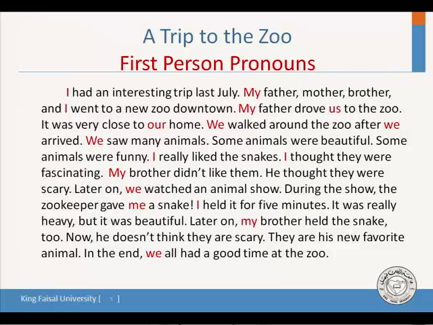And notice it's in the past: last July. And so all the verbs are in the past. Can you locate the verbs? Had, went, drove, was, walked, saw, etc. All these are verbs in the past. I want you to remember this slide and refer to it so that we can write something similar.